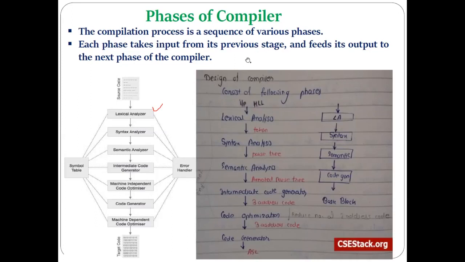You already know the phases of the compiler are nothing but the different stages in the compilation. Also here I have mentioned the compilation process consists of a sequence of various phases, and accordingly our syllabus is designed, with the 6 units covering the 6 phases.